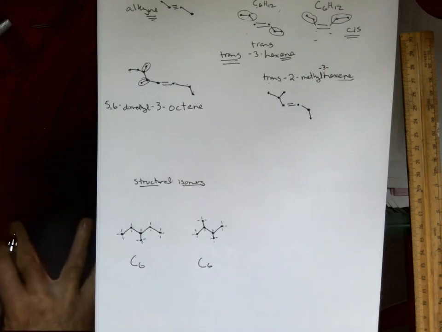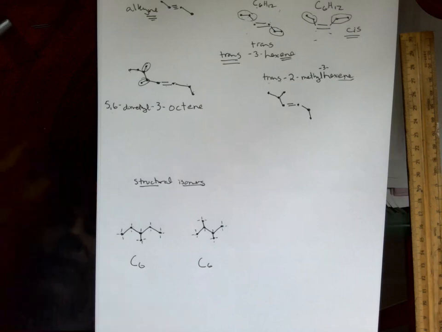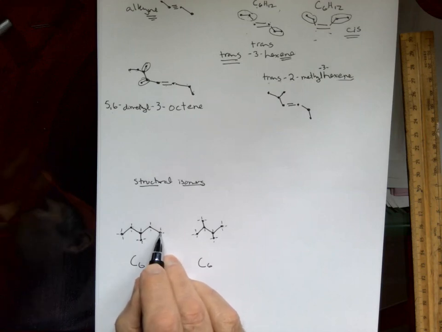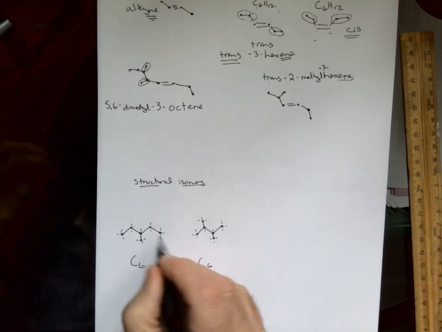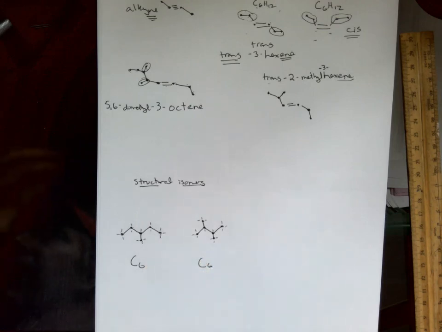Now what I want you to do is count all the hydrogens. Well, how do you know how many hydrogens you have? Every dot must have 4 bonds coming away from it. The dots represent carbons. Carbon always has 4 bonds. Well, that's not always true, but in organic chemistry it is. So that means we've got a line coming away there, so we must have 1, 2, 3 hydrogens coming off of it.